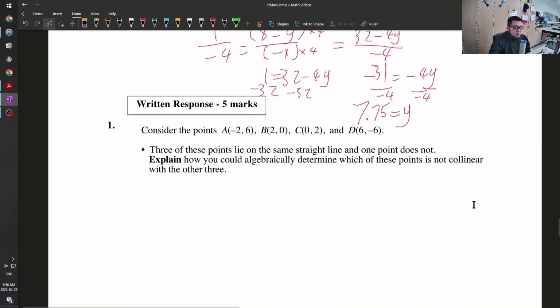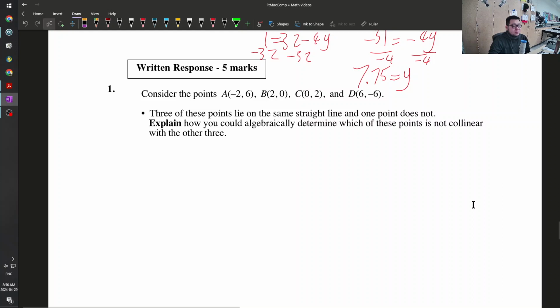Okay, written response. Consider the points. Three of the points lie on a straight line, and one point does not. Explain how you could algebraically determine which of these points is not collinear with the other three. So, if three points are on the same line, and one point is not, if I find the slope of all the different combinations, there should be 6 slopes.